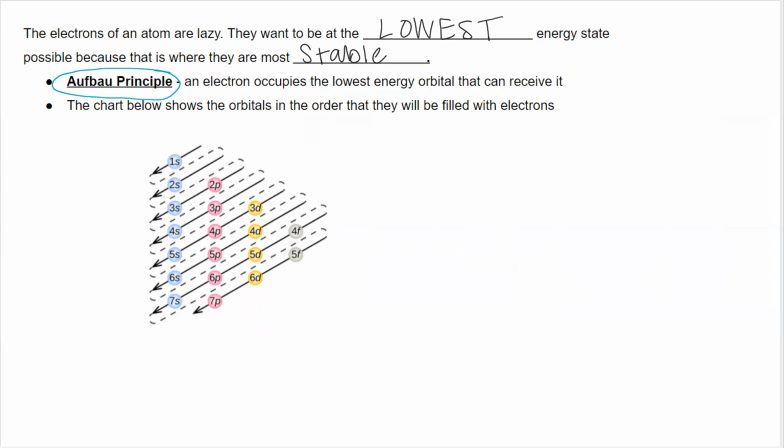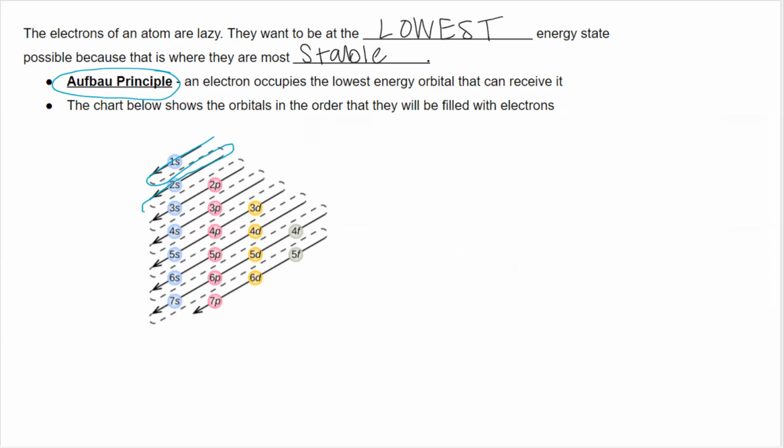The fact of the matter is that the energy of the orbitals doesn't always go according to number, which is kind of counterintuitive because we call them energy levels. The order in which the orbitals fill from lowest energy to highest energy can be figured out by following this chart.